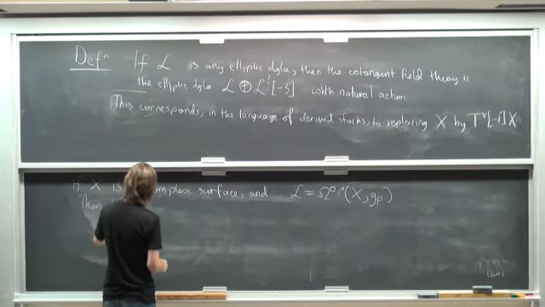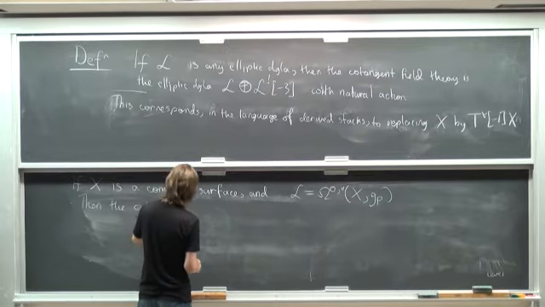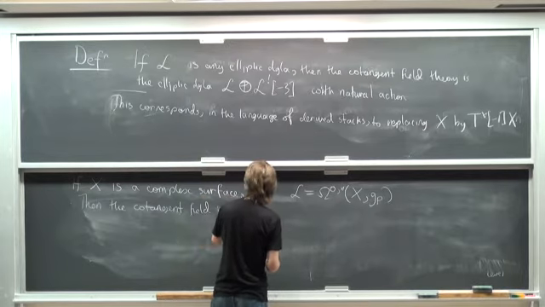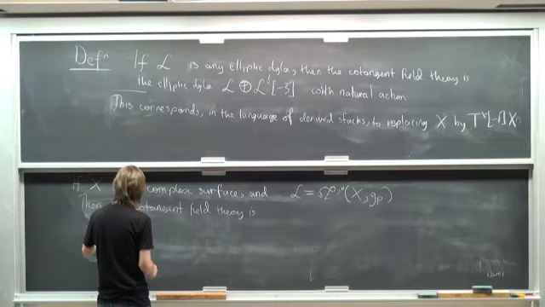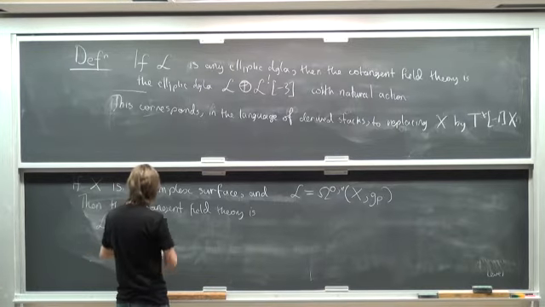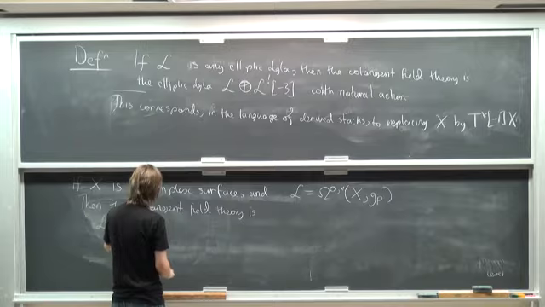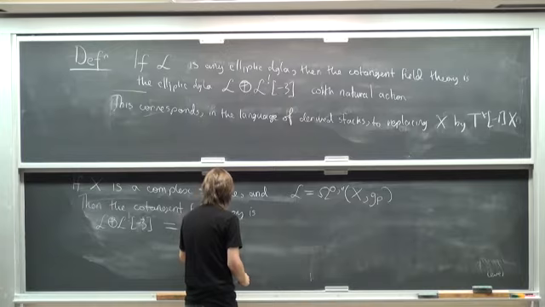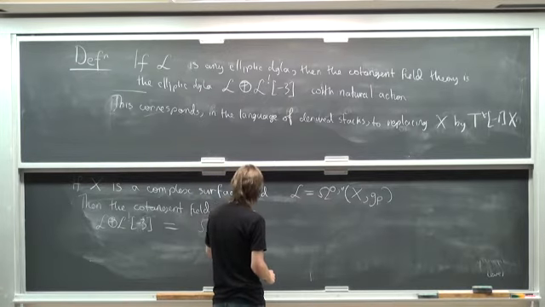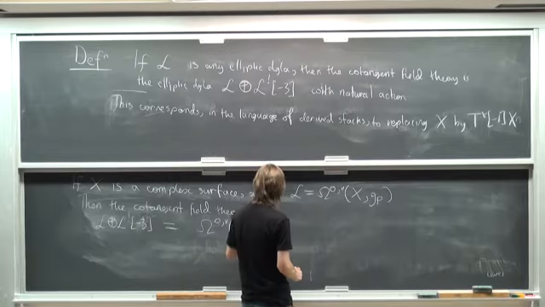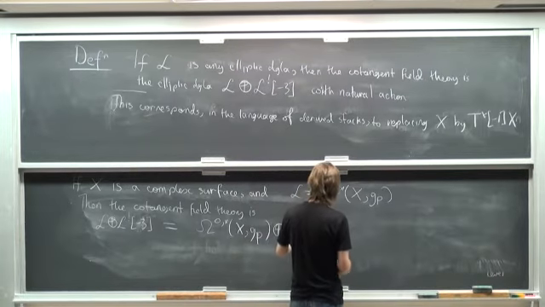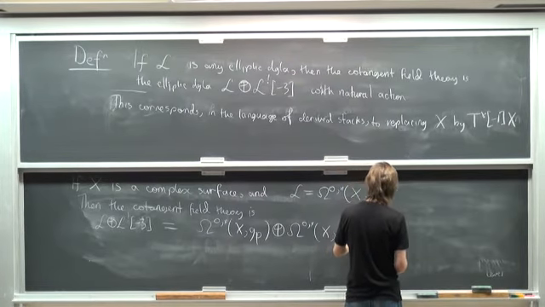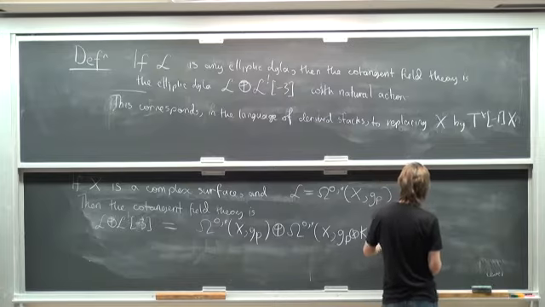Then the cotangent field theory is omega star GP plus omega with a shift of 1.